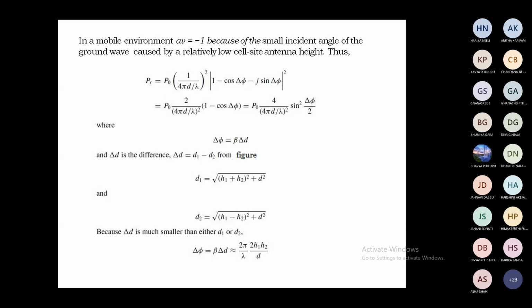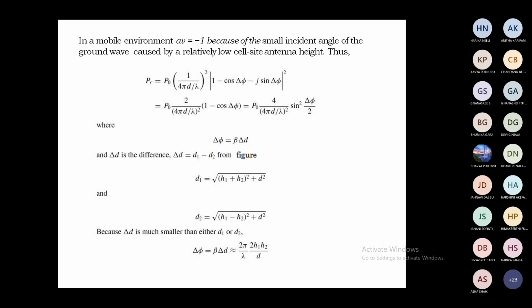Then you know that e power j del phi is nothing but cos del phi plus j sin del phi. Substitute here the AV value and the e power j delta value, then PR is equal to P naught into (1 by 4 pi d by lambda) whole square, modulus of 1 minus cos del phi minus j sin del phi, whole square. To simplify this equation, PR is equal to P naught into (2 by 4 pi d by lambda) whole square, 1 minus cos del phi.